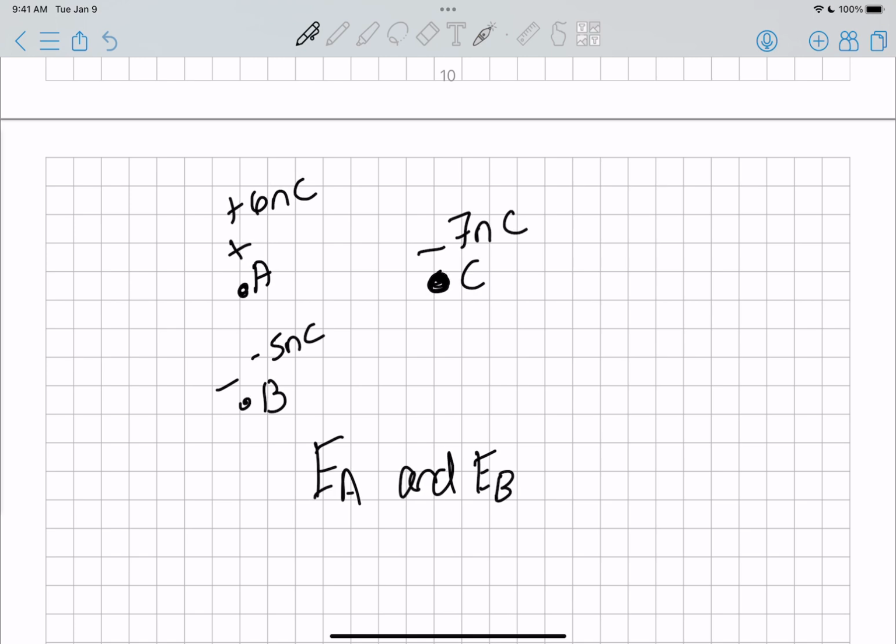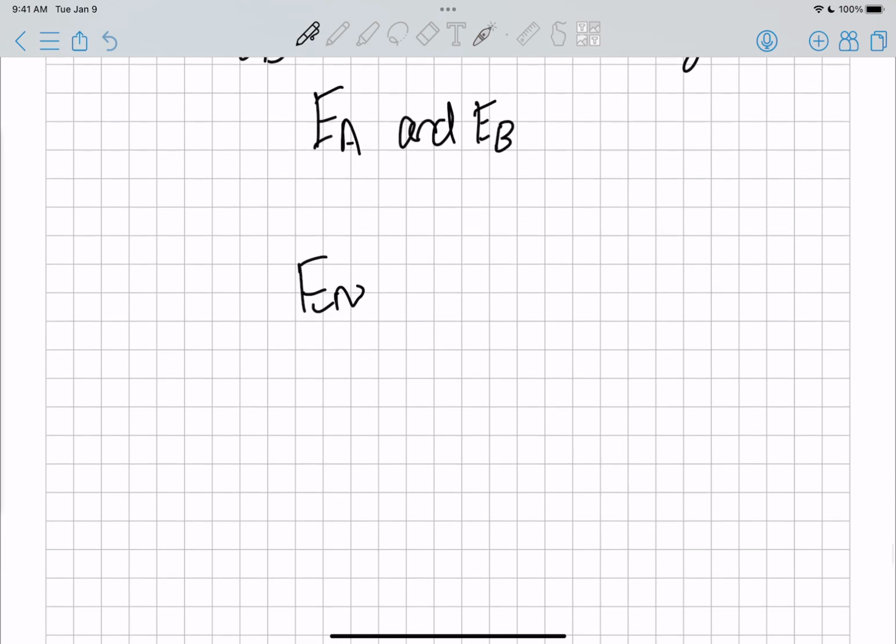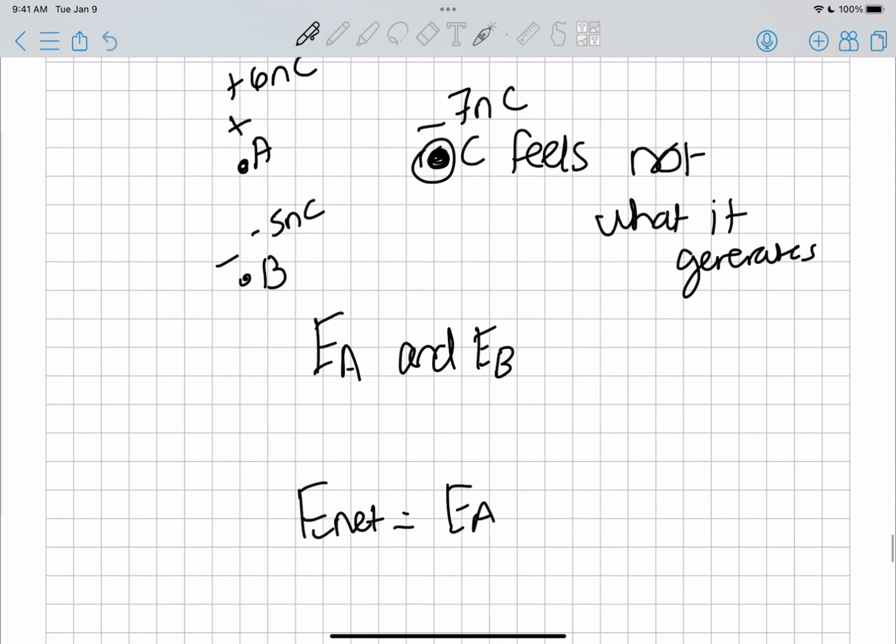I do not calculate EC in my net electric field equation. Why don't I do that? Because once again, I'm only concerned with what point C feels, not what it generates. So if I'm doing E net, I would only do EA and then EB.